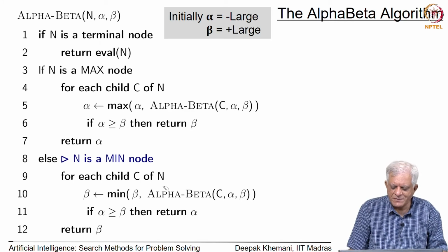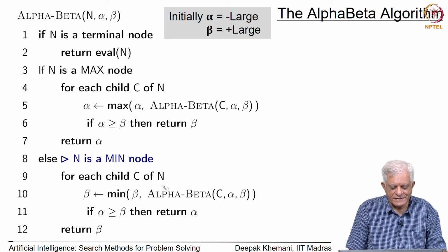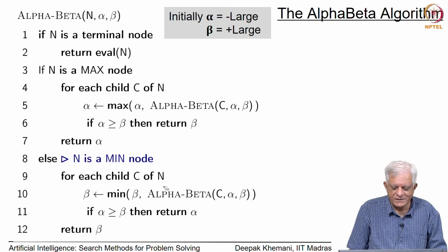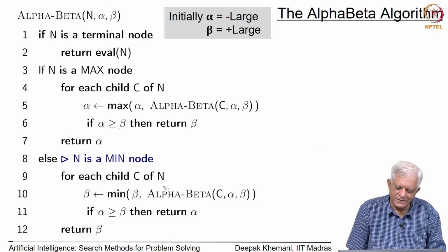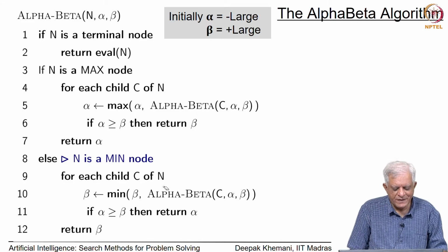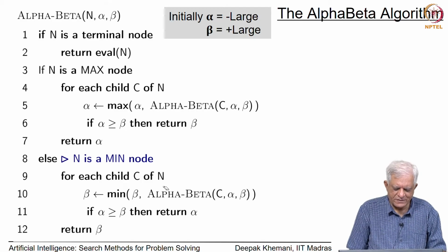The rest of the algorithm is similar to Minimax in the sense that we have written a recursive version here. You can also write an iterative version in which you store nodes into open and maintain open as a stack and do all that kind of stuff.